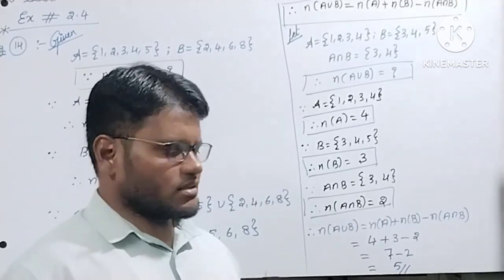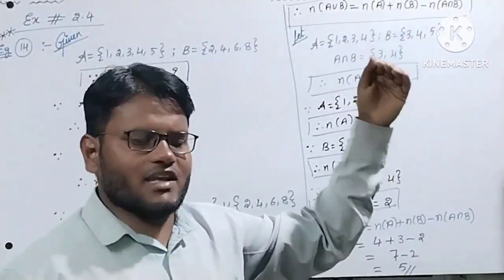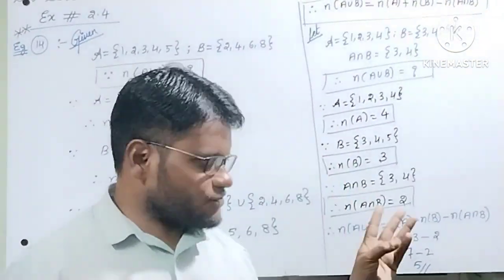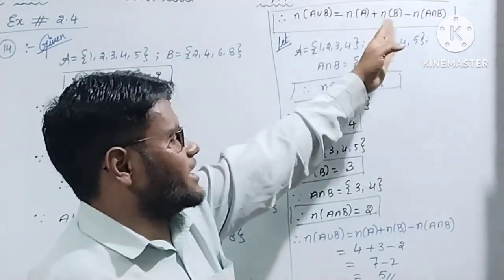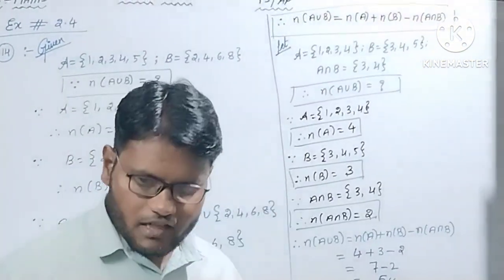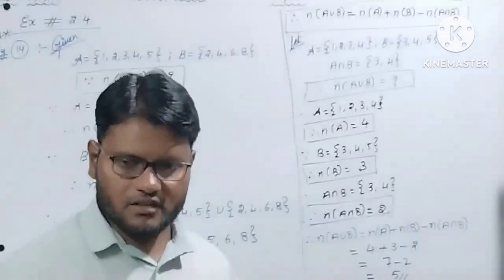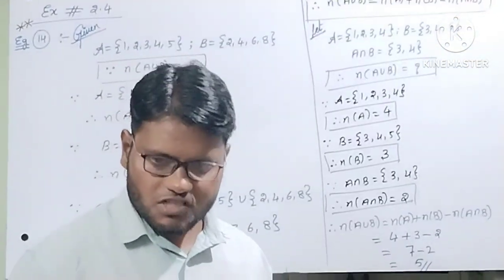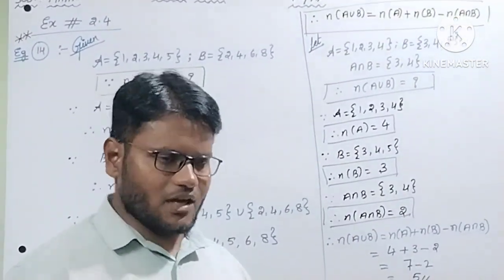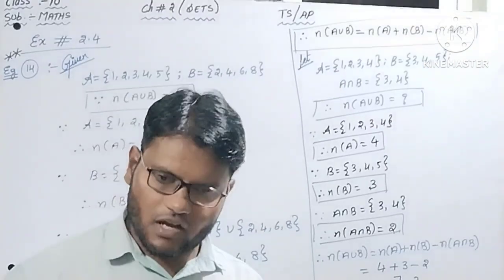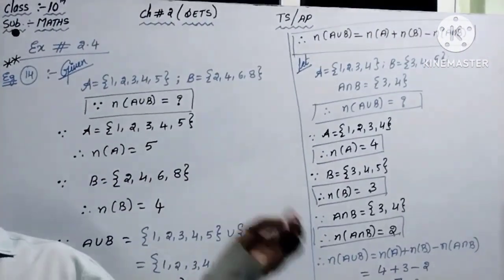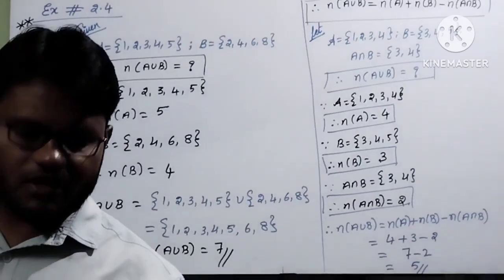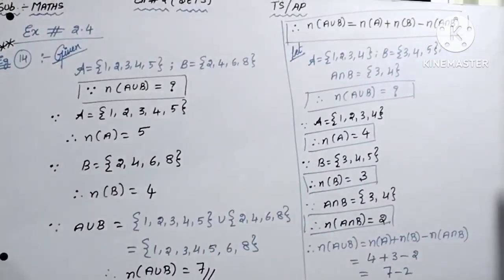In other cases, n of A intersection B and n of B are given, and n of A is not given, so you have to find that value. Sometimes n of B is the question mark. In any case, write this formula and find the values. Any doubts? If you have any doubts, you can comment here. See once more.